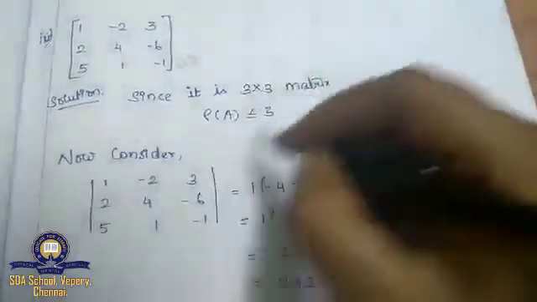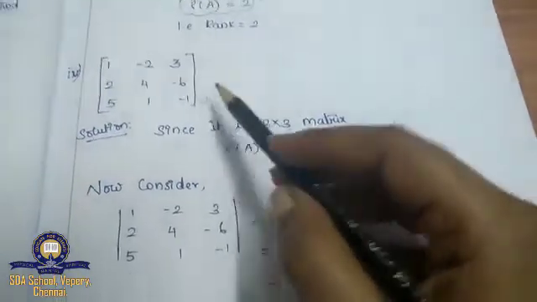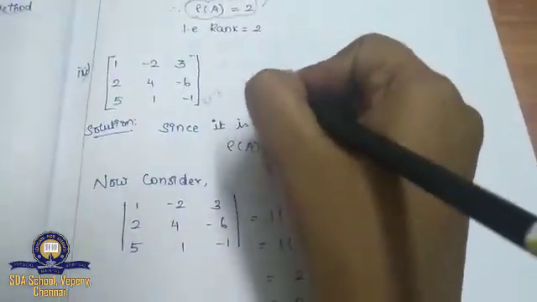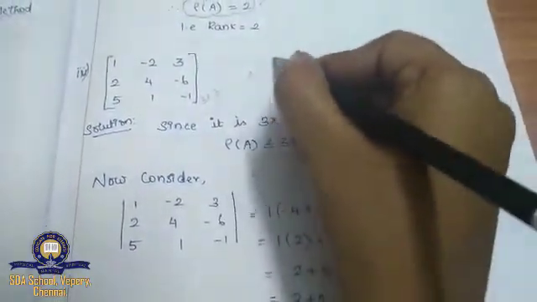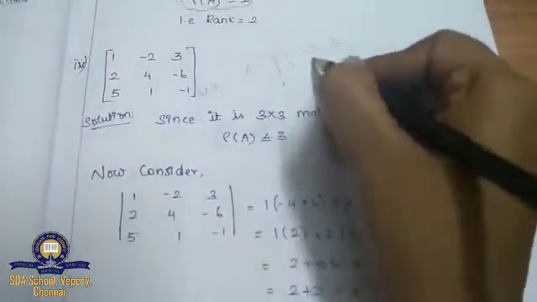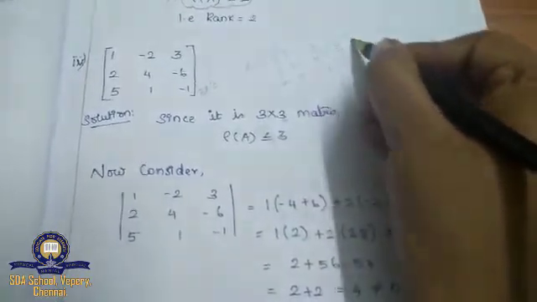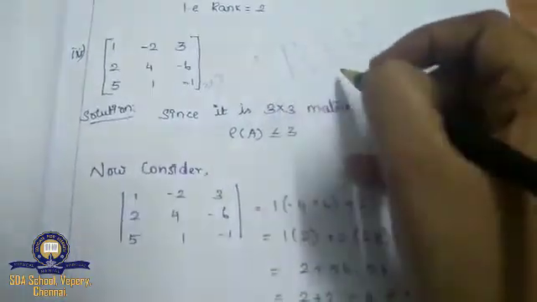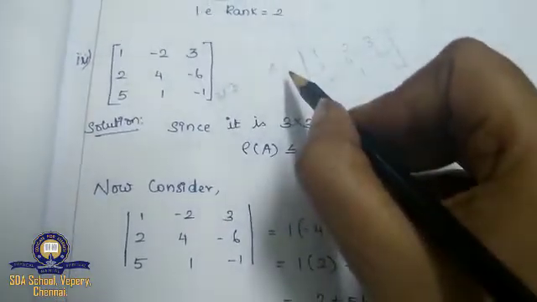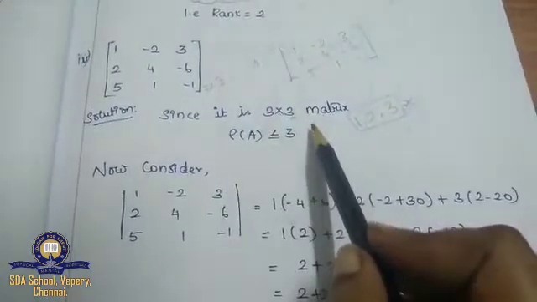So we are going to see what is the rank of this matrix. First I'm going to take the determinant value. See, always you have to consider the given matrix as A. I have not written it here, but you just write A equal to 1, minus 2, 3; 2, 4, minus 6; 5, 1, minus 1. So in all the sums you will have, you have to consider the given matrix as A. That's why I've written here rank of A is less than or equal to 3.